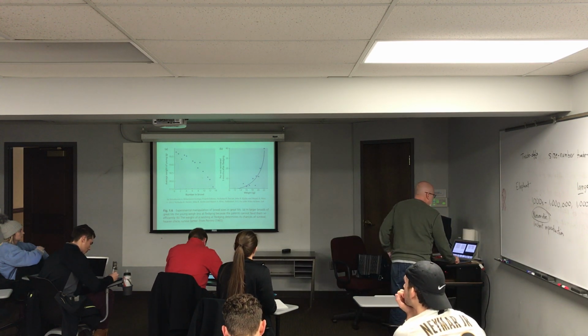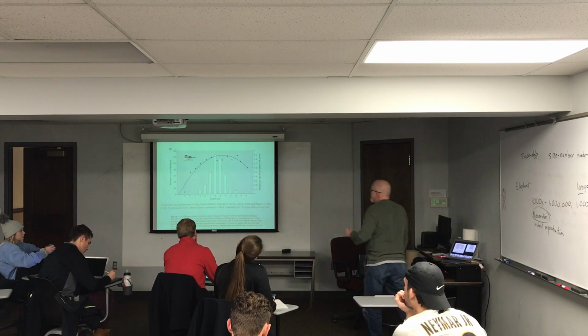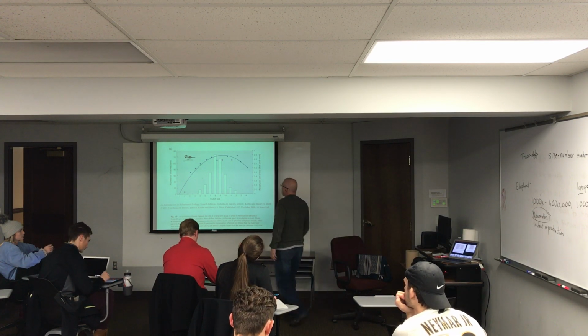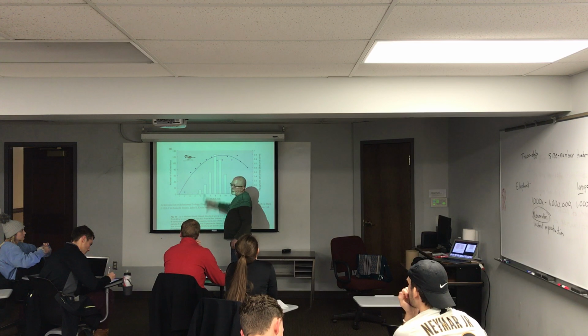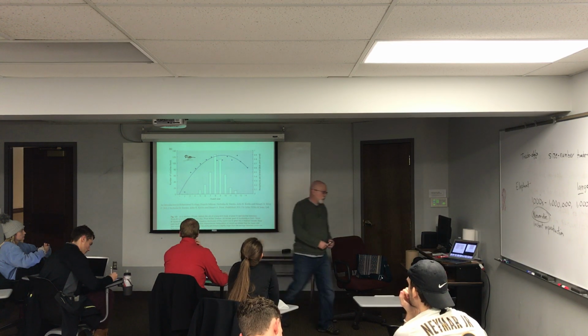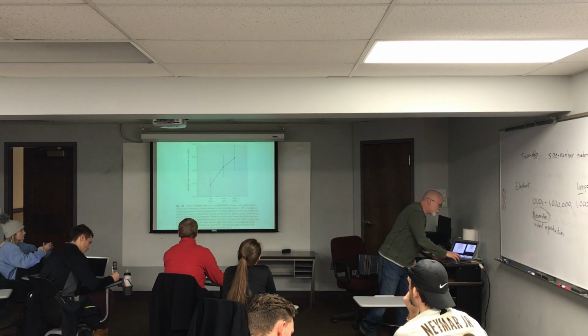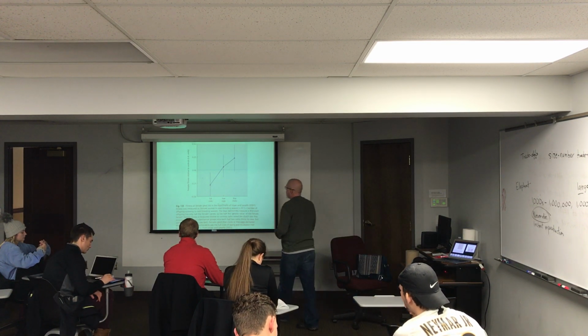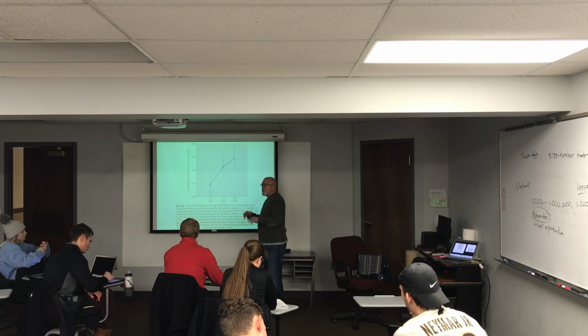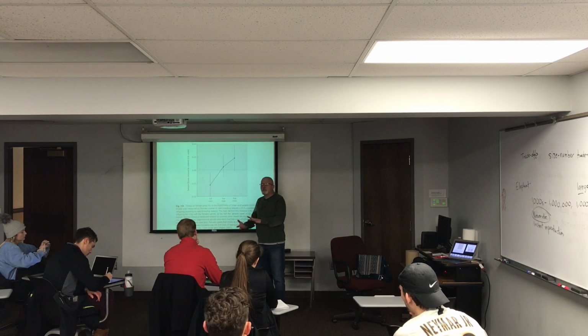So then the question is, why, if you have more eggs, is the peak fitness higher than the peak of clutch size? The reason is when you just add an egg to a bird's nest, that female didn't have to produce the egg.